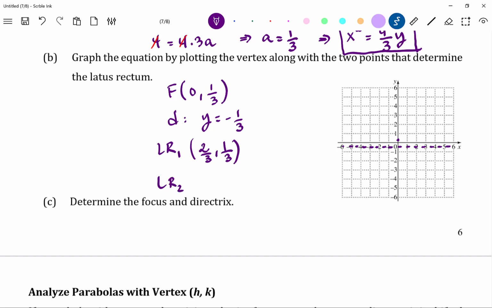And the second point is going to be negative 2/3 on the level of 1/3. So here 2/3, and I can see that this distance here is the same, and this distance being the same, and I'm going to graph.